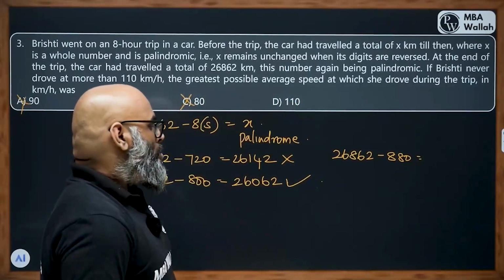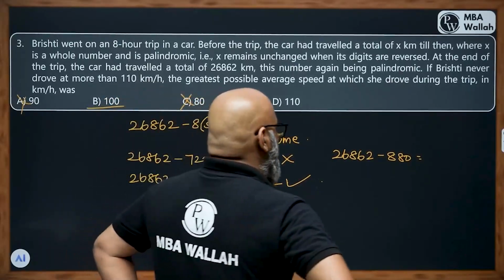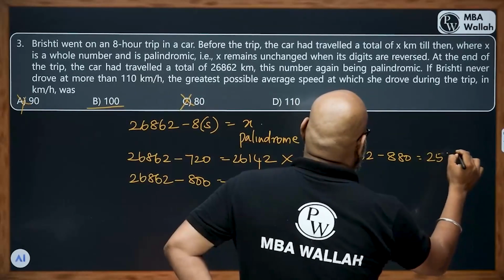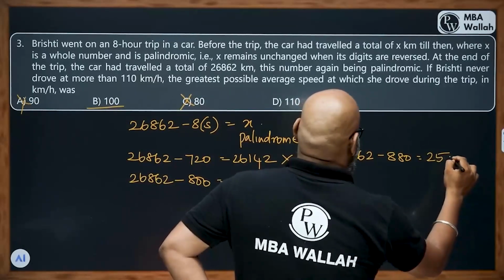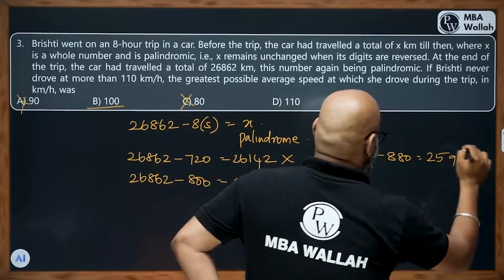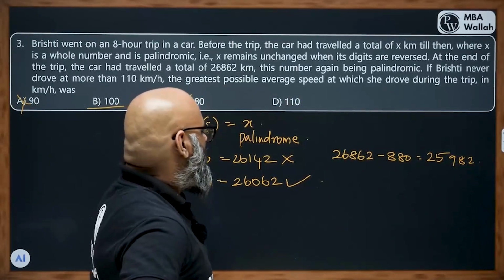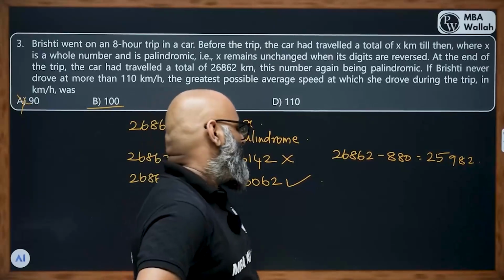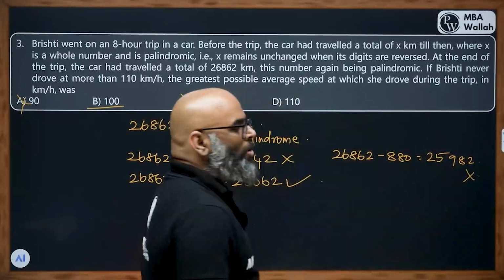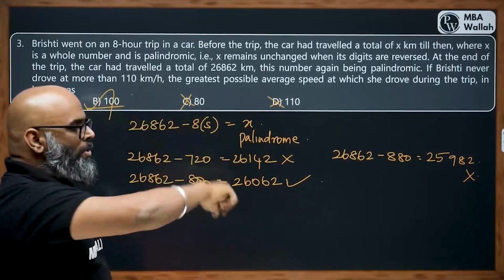I can subtract 1000, that will be 25862, and then add 120 to it. 25982. All right, 25862, 25962, 25982. Is this a palindrome? No, it is not. So of the lot, 3 options have been ruled out. B is your right answer.